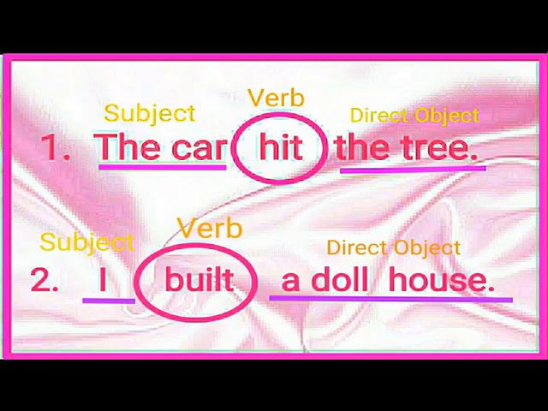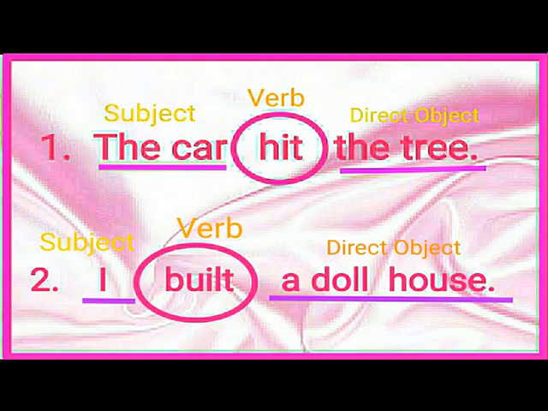Now let's see the second one. I built a doll house. In this sentence, I is the subject and I is again the doer of the verb, and the verb is transitive verb.